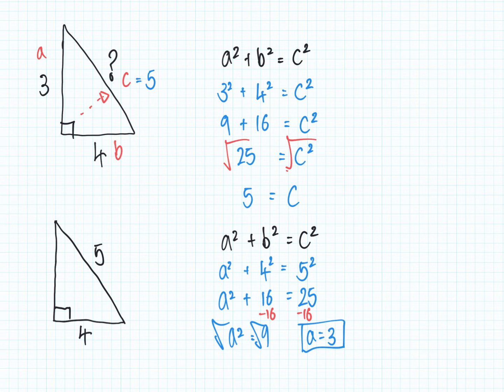Sometimes we're going to have a situation where we have a triangle and the two sides are the same. So in that case, we are going to have something maybe like this. We don't know what this side is, and we don't know what this side is, but let's say this side is 30.